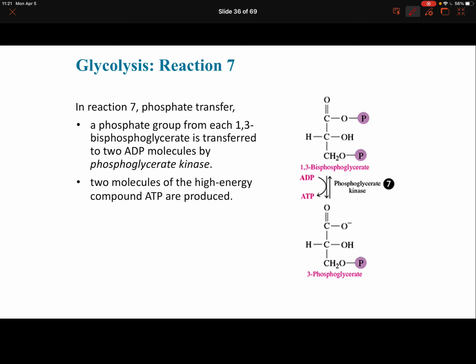From there, 1,3-bisphosphoglycerate transfers one of its phosphates, sorry, to an ADP molecule by phosphoglycerate kinase. And so since there were 2 molecules and 2 phosphates and 2 ADPs, we make 2 ATPs. So an enzyme transfers one of those phosphates off.